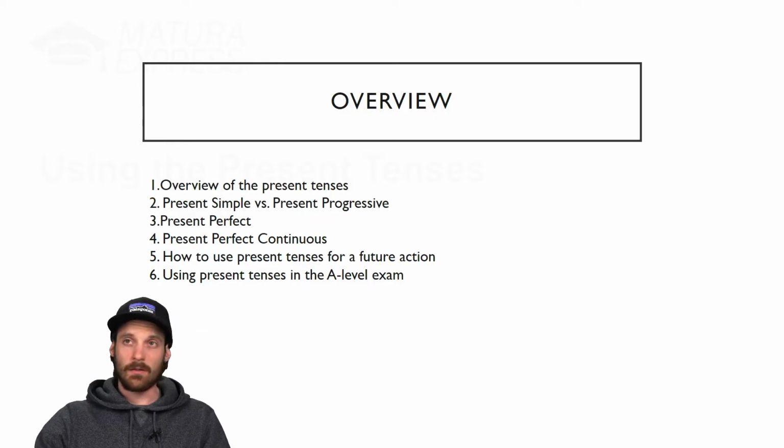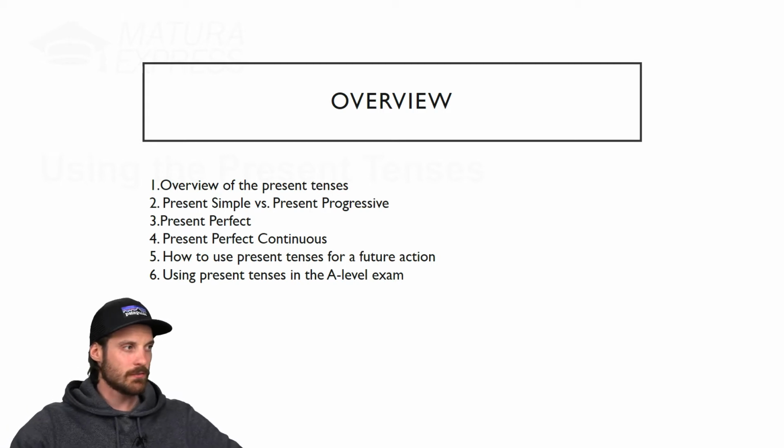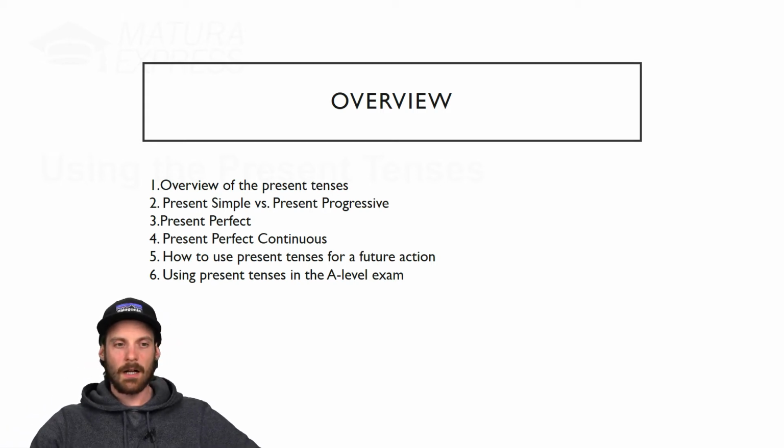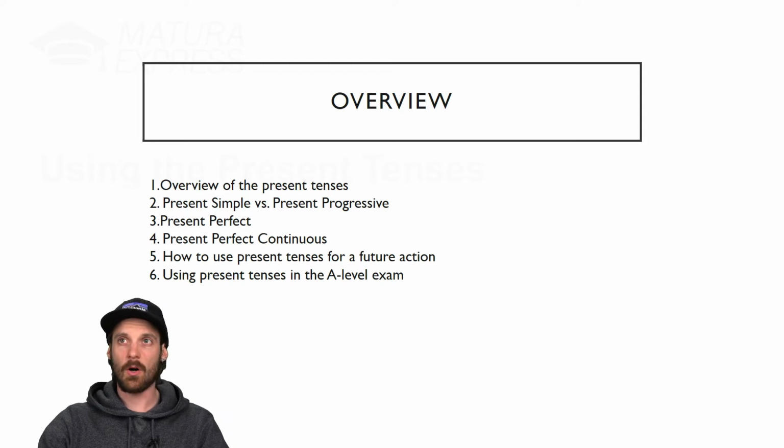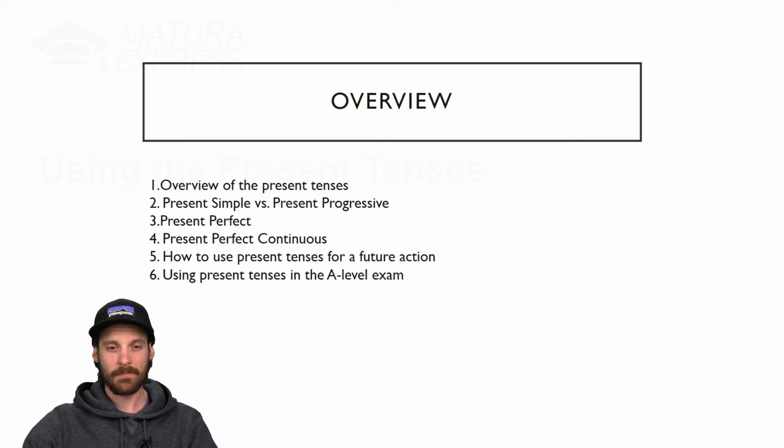As you might know, at first we're going to start with an overview of today's stream, which shows us how today's stream is structured. We're going to first have a look at the overview of the present tenses.